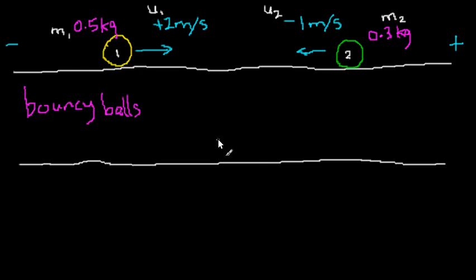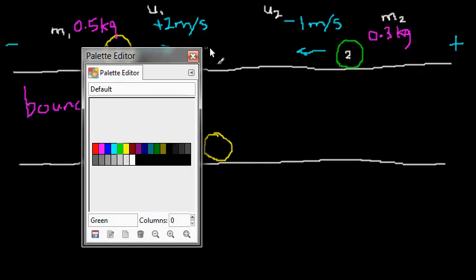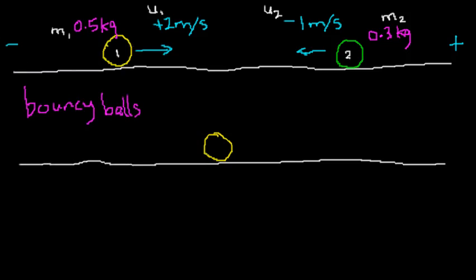So when they bounce, they are in contact. No, that was a green ball actually, wasn't it? Oops. Okay, I want to draw my green ball. That's the green ball.